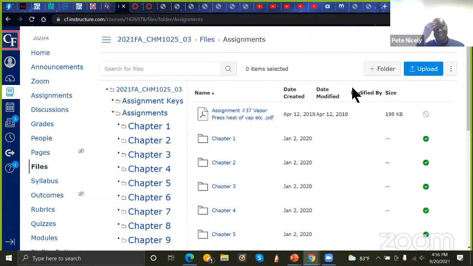Which reminds me, I keep forgetting. I have emailed most of you back your assignments that I've graded for you. But there are a couple of you that have not been able to do that, because the main reason is that for some of you, when you submitted your assignments, you did not write your name on it, right? And as a result, even though I may have graded it, I don't know who it belongs to, all right?